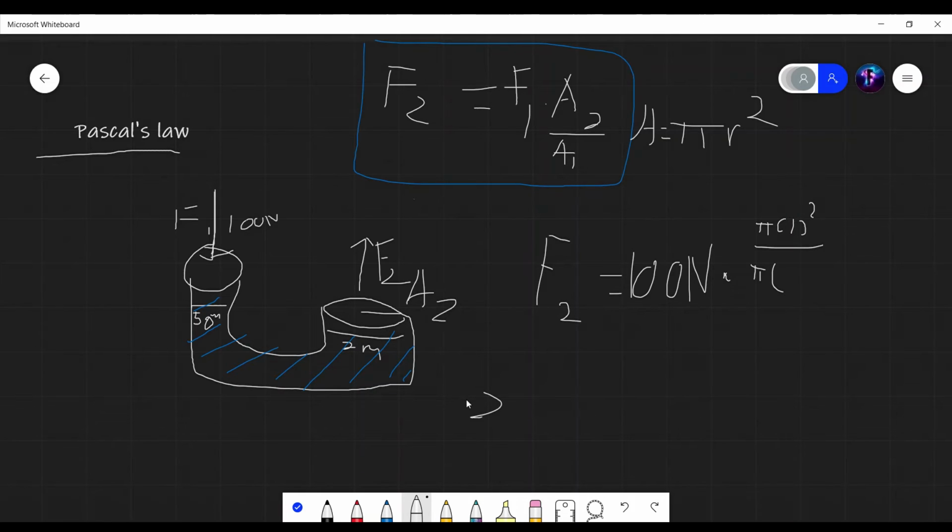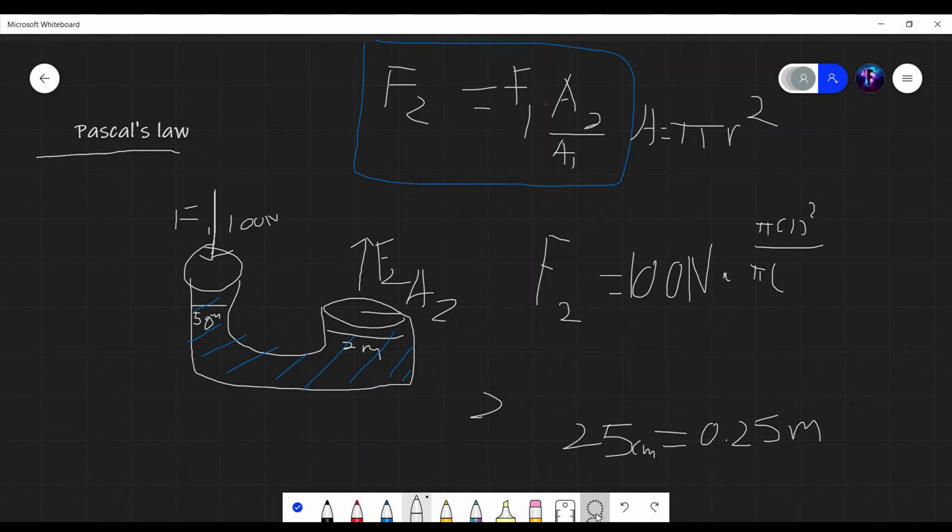You're going to get 25 centimeters. And since in the SI international units, it is always in meters, 25 centimeters is equal to 0.25 meters. That's why I said 0.25, because I skipped this step.